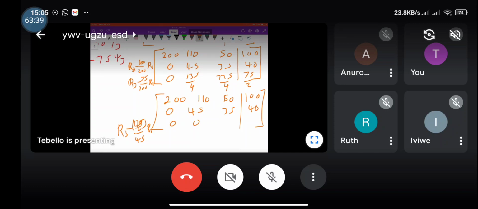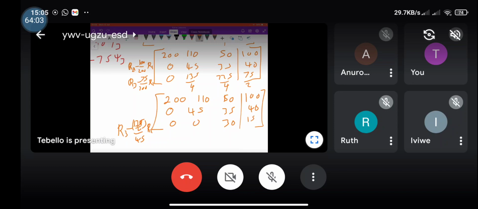You're going to have 30, and then you have 40, let's say 75 over 2, then you'll have 15 over 2.